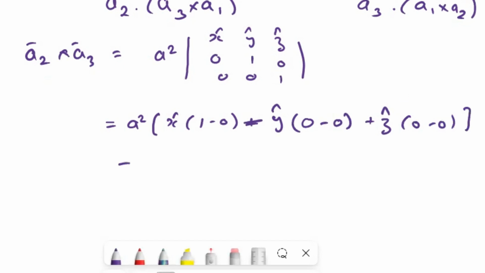So basically a2 cross a3 is a square x cap.